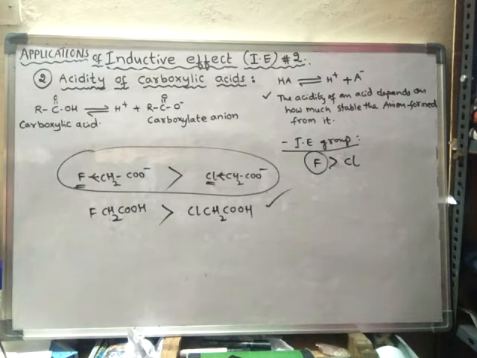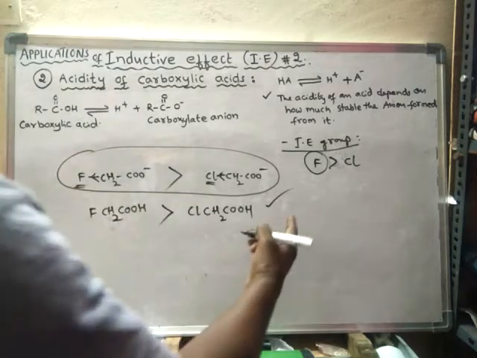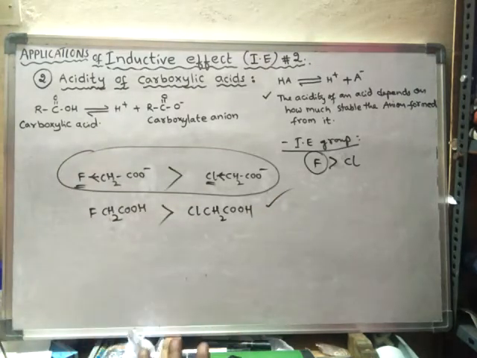That means the acidity also depends upon electronegativity. More minus I effect group means more electronegative group.